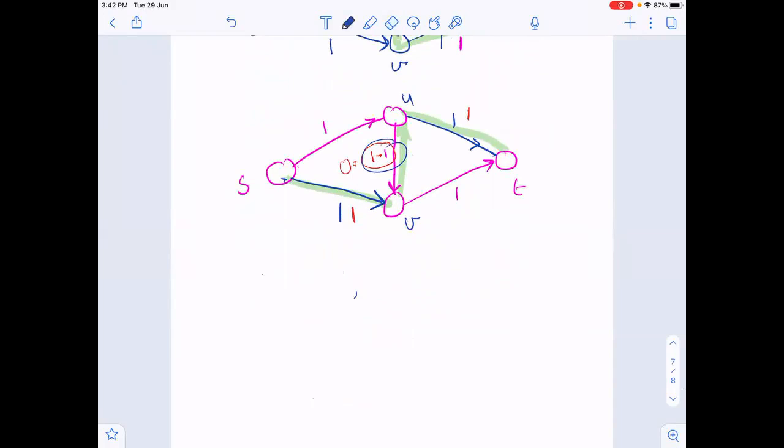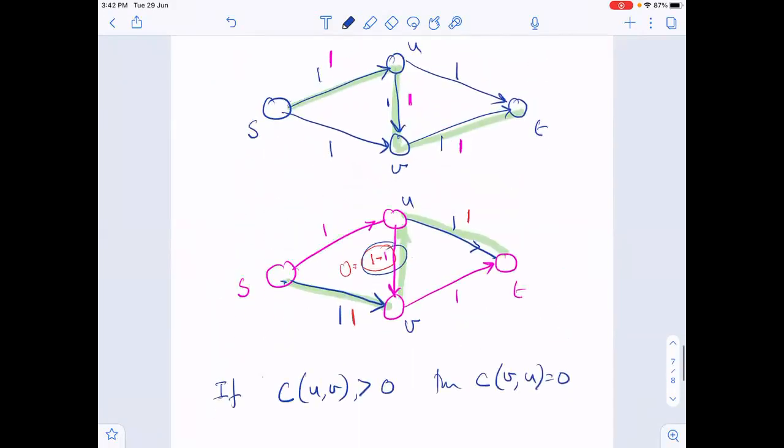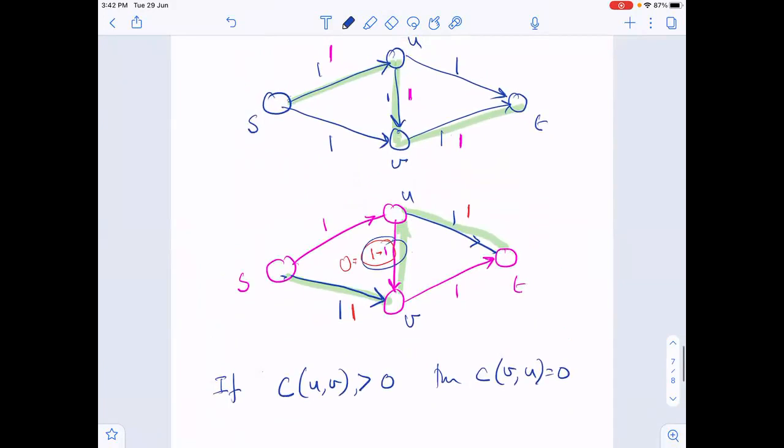Let's assume that if the capacity of UV is bigger than 0, then the capacity of VU is 0. To start with, meaning if you are flowing from U to V, then you don't flow back from V to U.